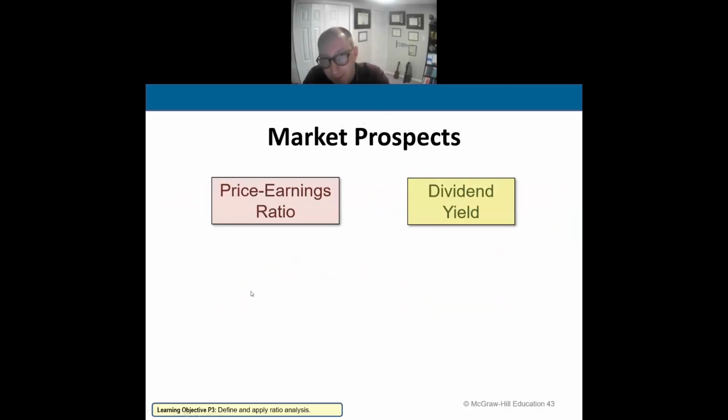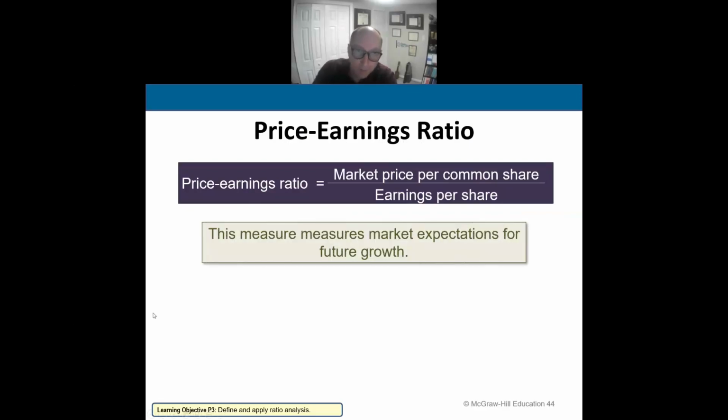The last building block is called the market prospectus. This has to do with things like the stock price, the company's ability to generate additional revenue based off of stock issuance, things like that. Market, think market. Market expectations of future growth.